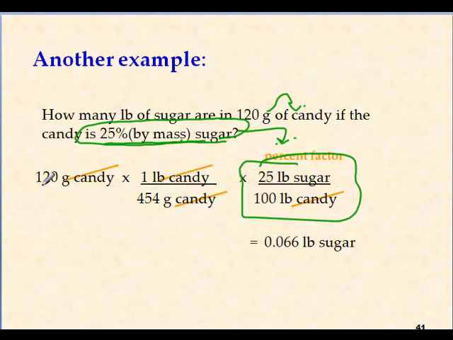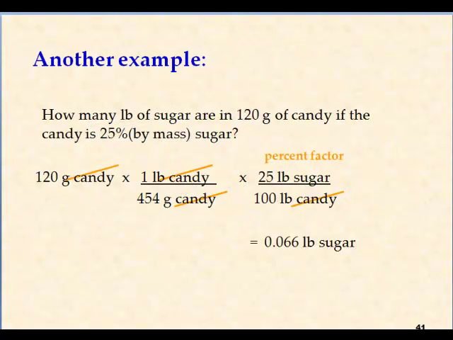So a gram has how many pounds? A pound has 454 grams. So I set up my grams here. Notice my grams are going in the bottom to cancel these, so that I can convert my grams to my pounds, and then apply the worded part of this problem, which is used as a conversion factor.